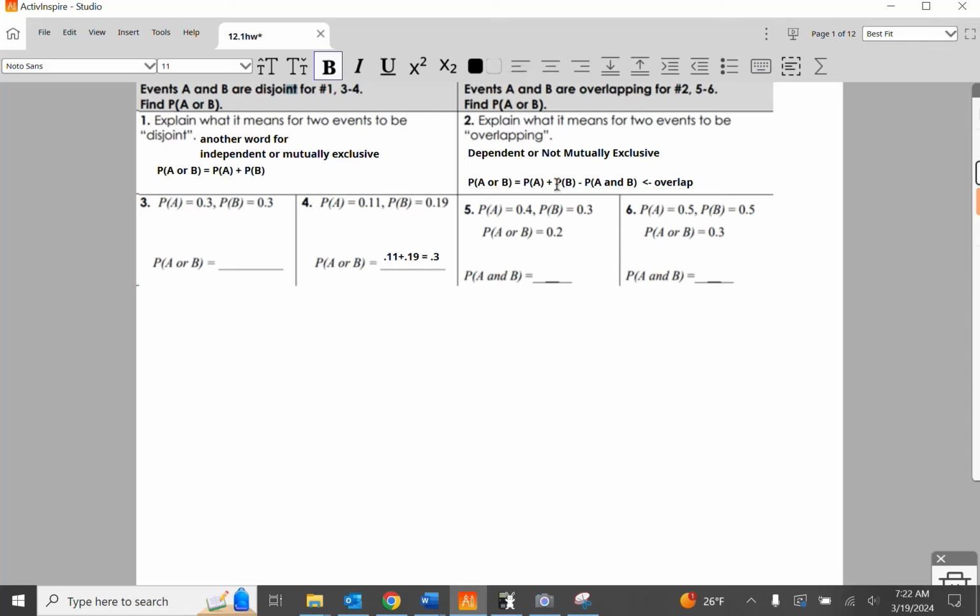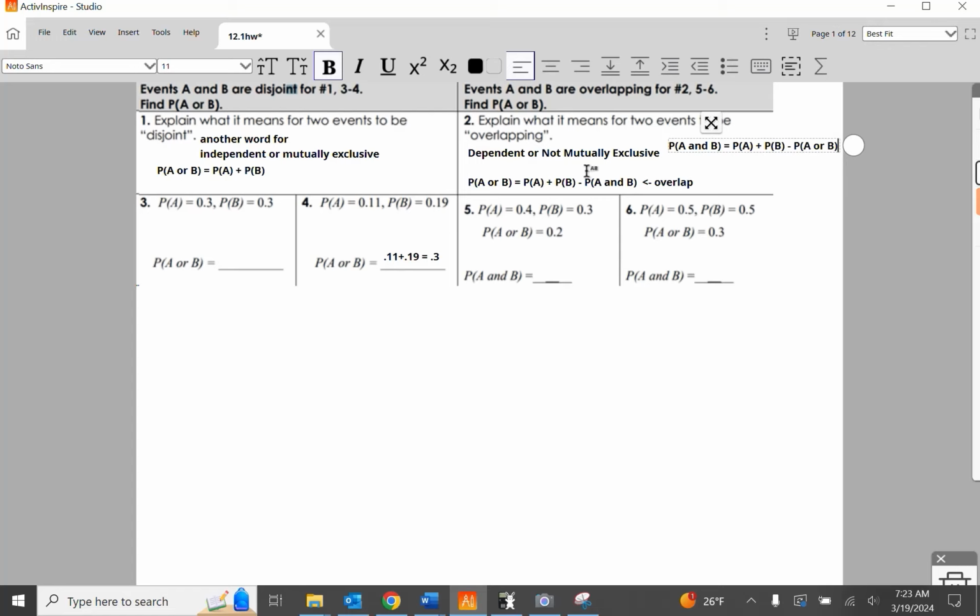I do subtraction. Oh, and I kind of wrote this the wrong way according to this worksheet here. If I wanted to find the probability of both, these are both the same formula.